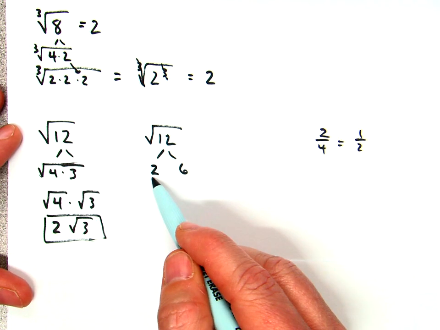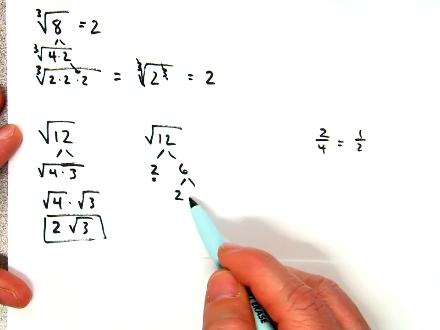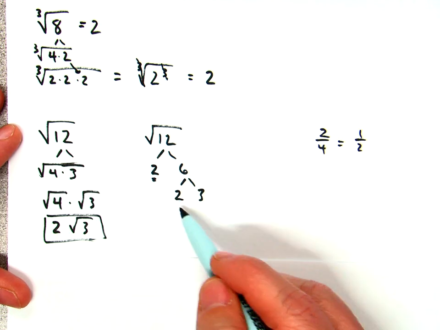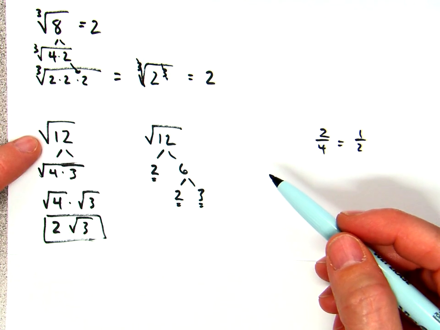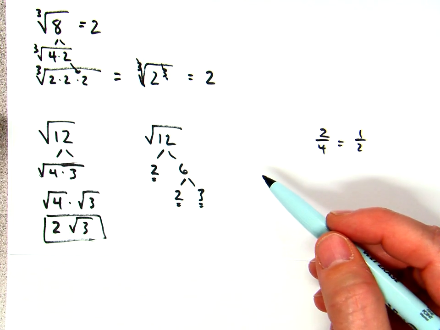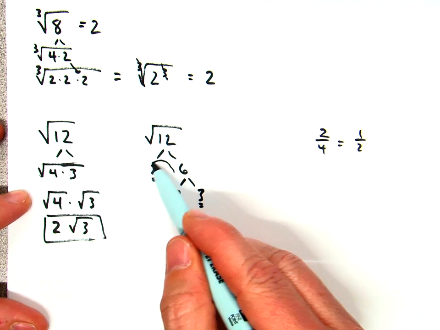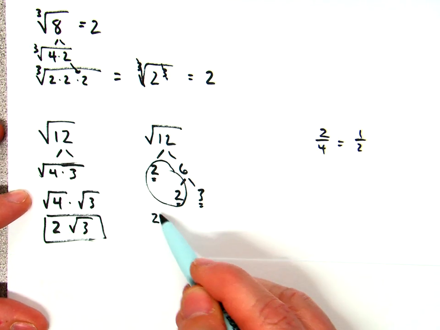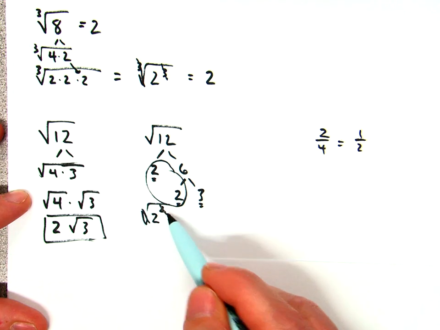So 2 is a prime number, so we're going to leave it be, but 6 can break down into 2 times 3. So we've broken it down into its prime factors, but we know that a square root needs 2 of the same number, because 2 of the same number is to say 2 squared, and we know that the square root of 2 squared is just 2.